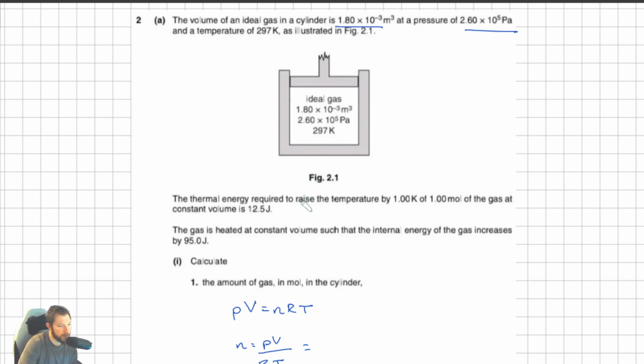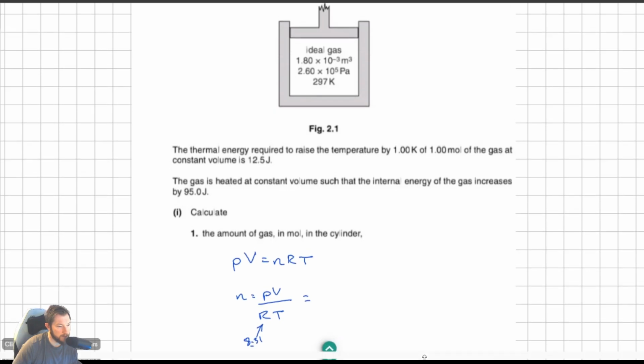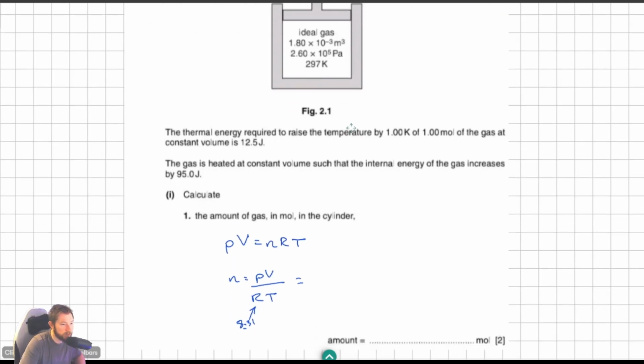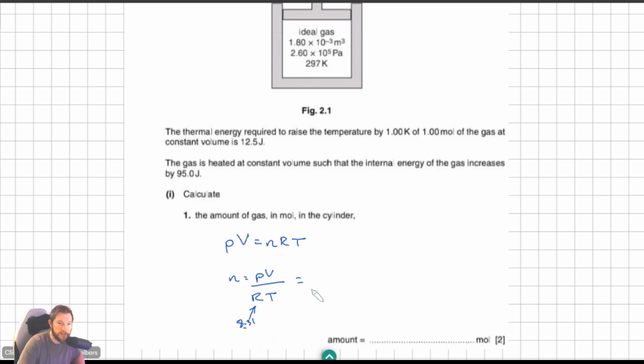And we also have the temperature in Kelvin of 297 Kelvin. So if we substituted all of that in, we would get n is 0.19 moles. Okay, that's a good start.